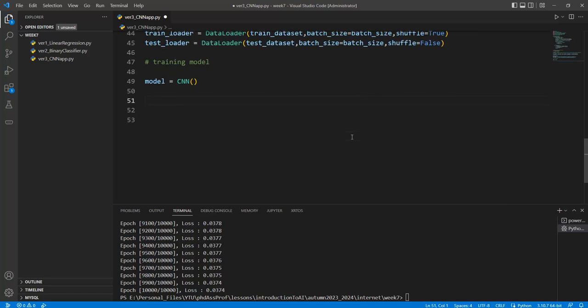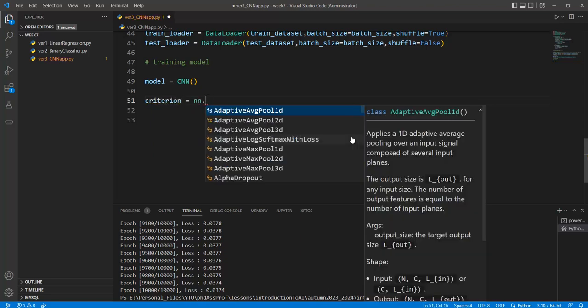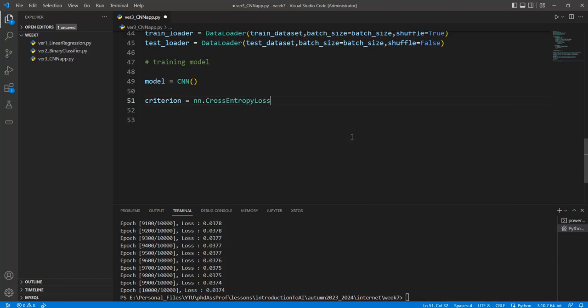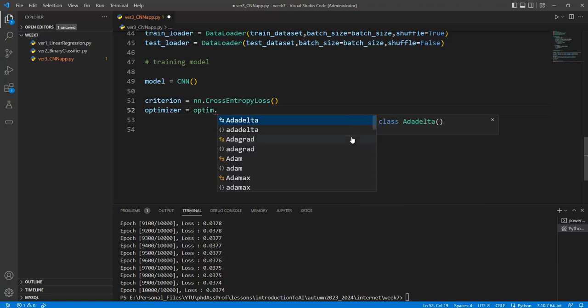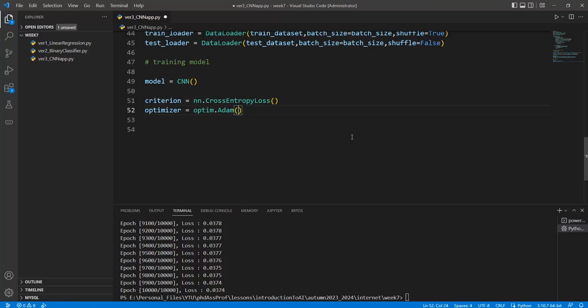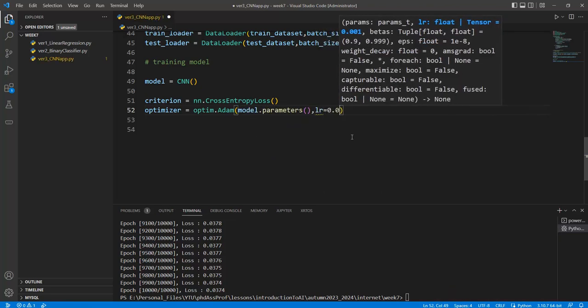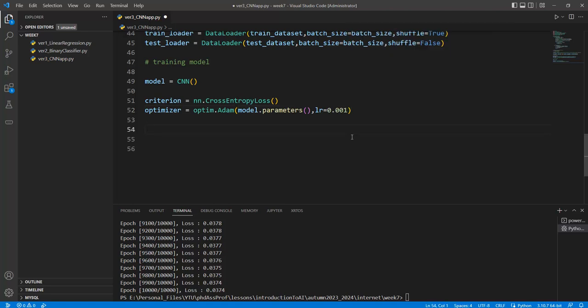After that, we build the criterion equal to the NN cross entropy loss function, and the optimizer is assigned to optim, and in this case Adam can be used, with the model parameters and a learning rate of 0.001. After that, the training loop can be given, with num epochs assigned to 5.